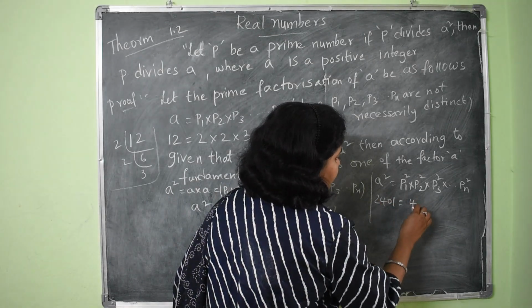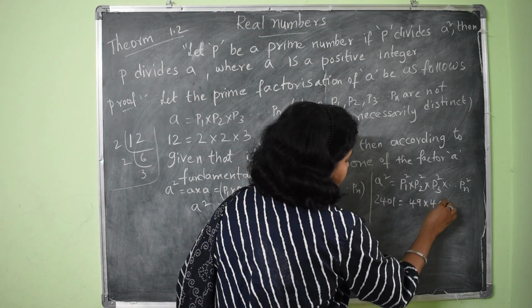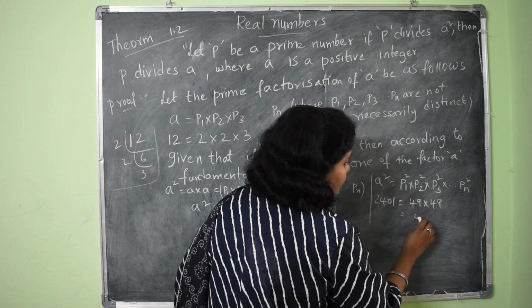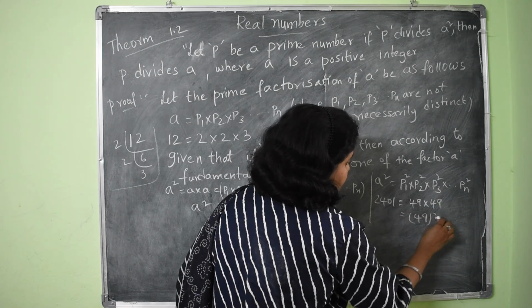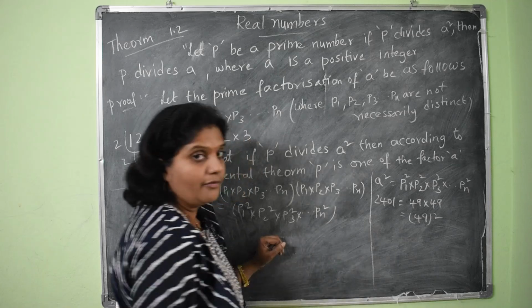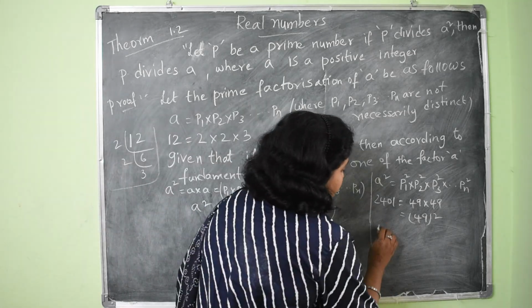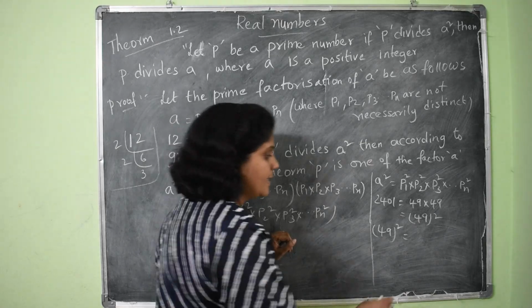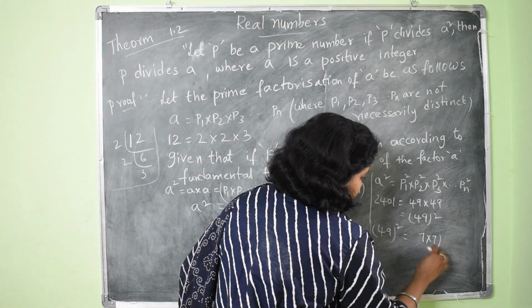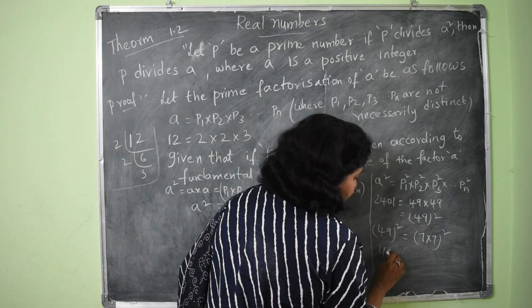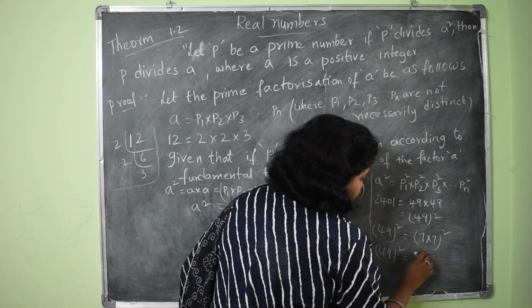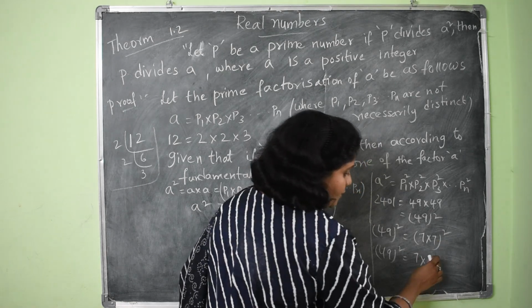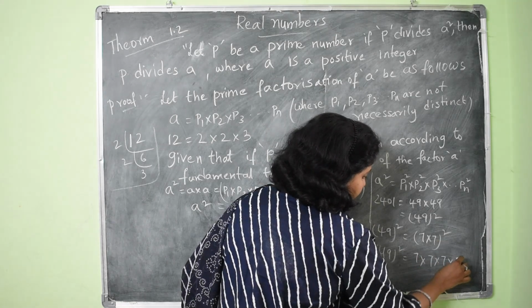So what are the factors for it? 49 into 49. 49 into 49 is nothing but 49 square. Can I write 49 square in the place of A square? Yes, I can write. So 49 square. What are the factors for 49? 7 into 7. So 49 square I am writing as 7 into 7 into 7 into 7, since square means we should write 2 times.